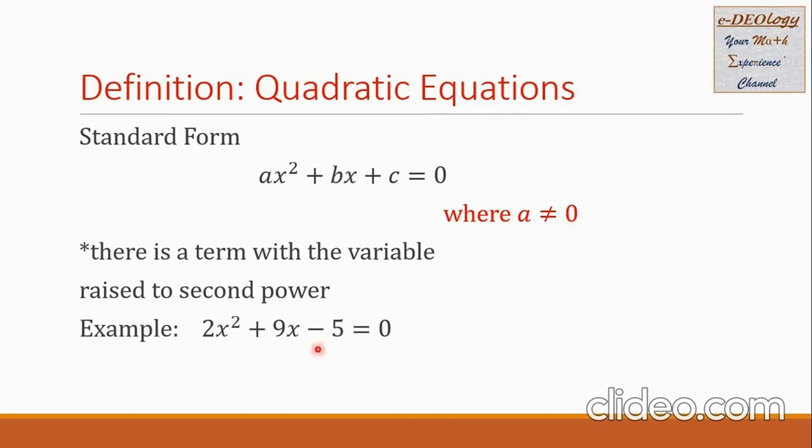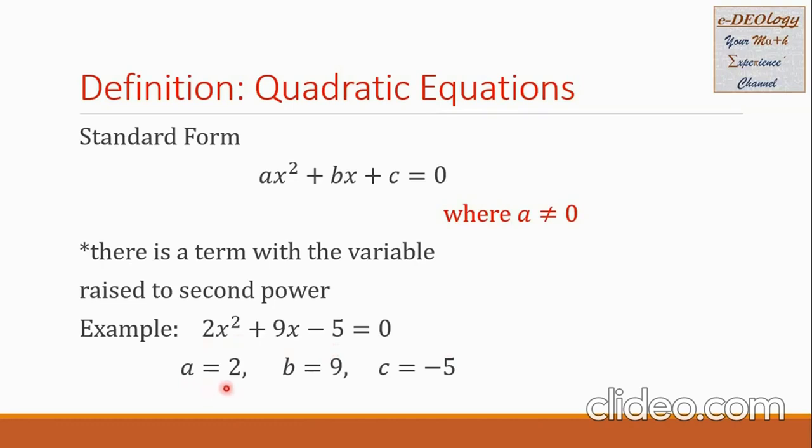In here, our example is in standard form. All the terms are on the left side and it is equal to 0. Then we can collect the a, b, and c. Take note that the a is the coefficient of x squared.